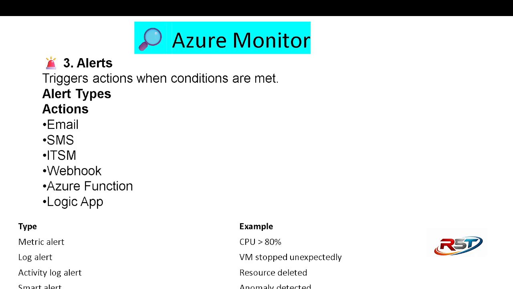So what are the alert types? Metric alert, categorized for VMs, network, and disks.